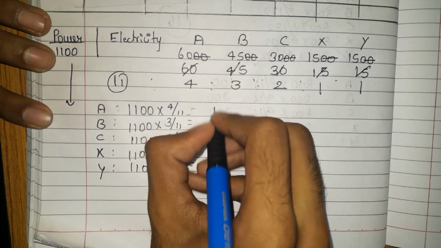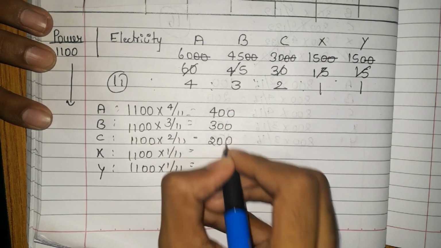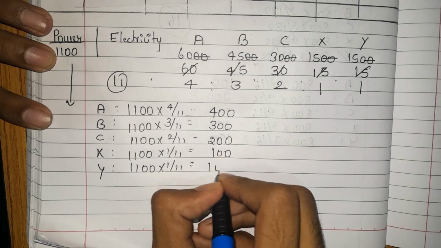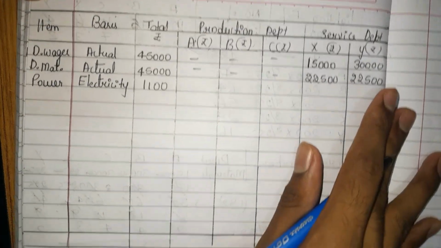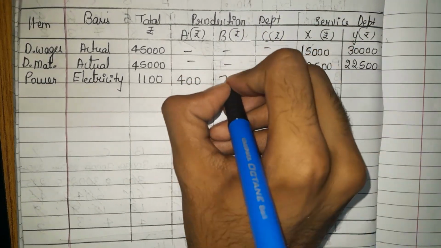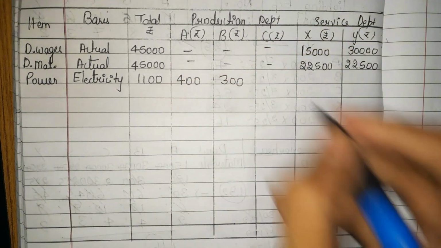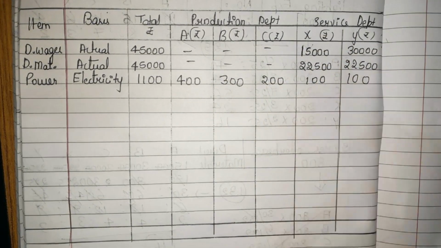So for A department it will be 400, for B department 300, for C department 200, for X department 100 and Y department 100. Now the same cost we will be writing over here: 400, 300, 200, 100 and 100.